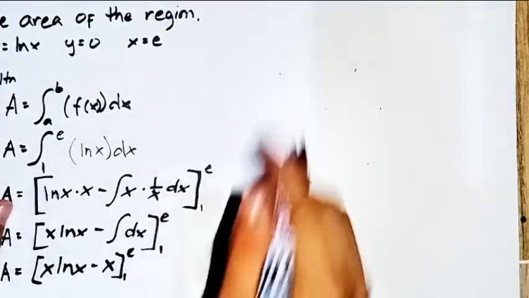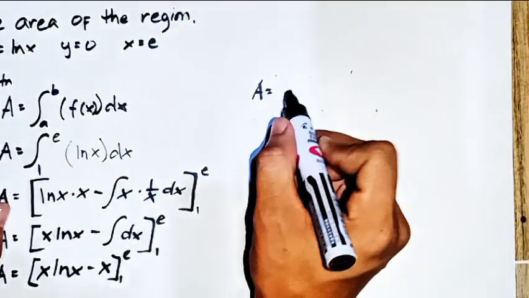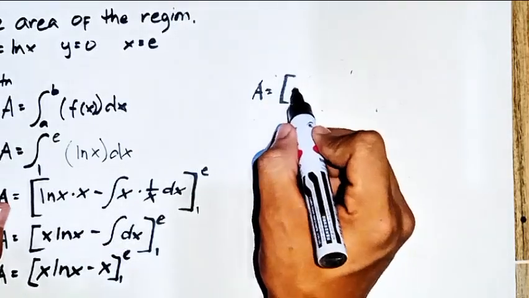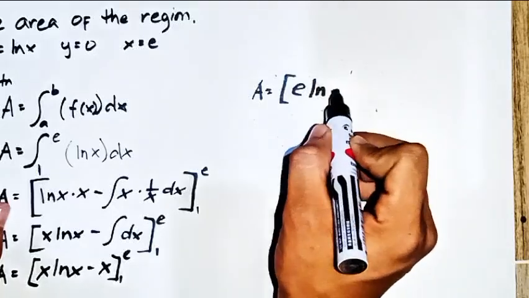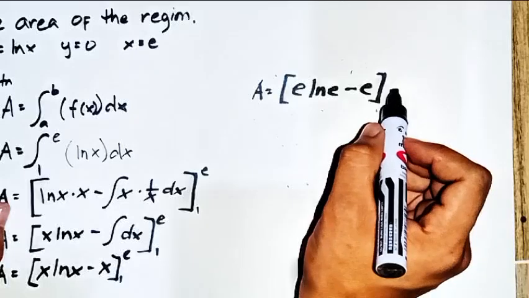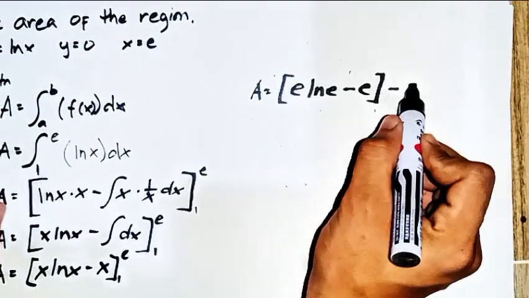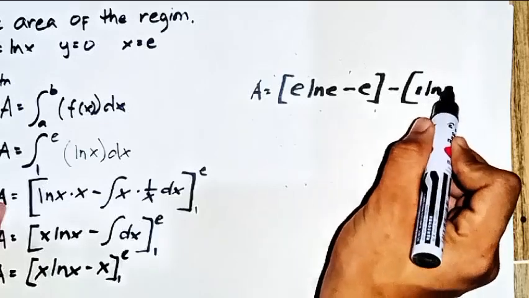Next, let's substitute our upper limit minus the lower limit. We have upper limit e ln e minus e, minus our lower limit, we have 1 ln 1 minus 1.